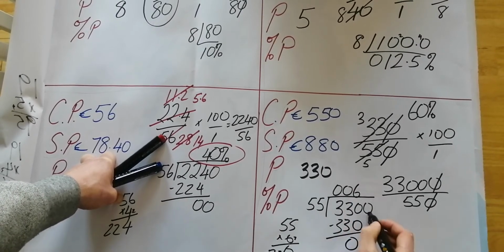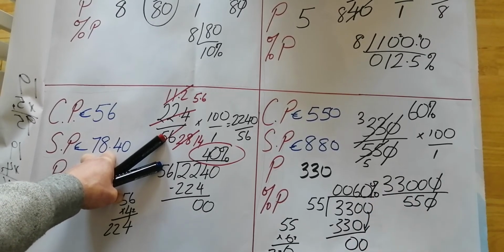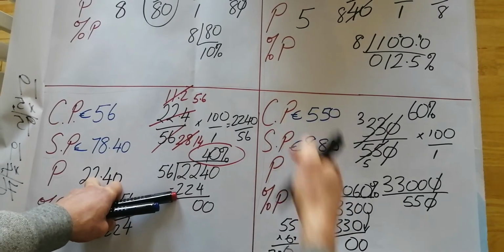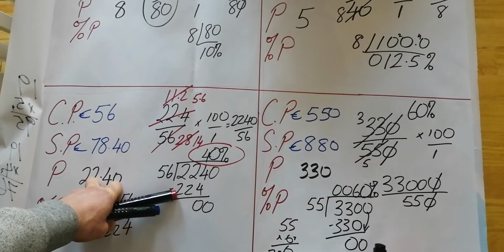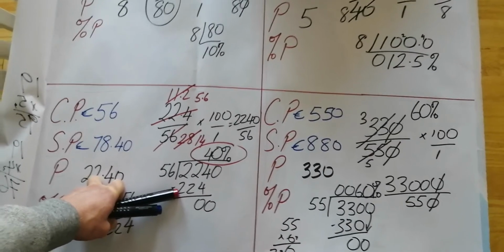Goes in 6 times and doesn't go. 60%. So as you can see, if you can actually see the fraction before you have to do all this extra nonsense rubbish, it makes it much easier. Obviously these ones here are quite tricky because we got decimal points and it's harder to see them.